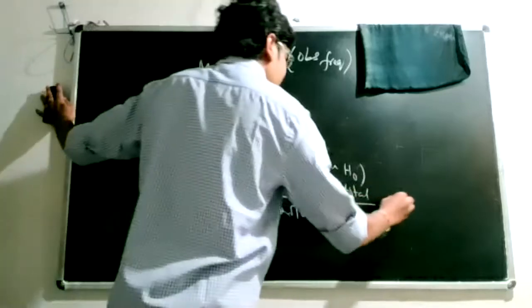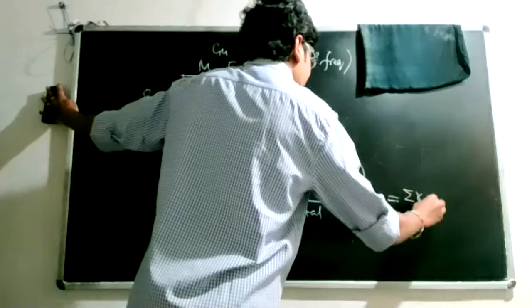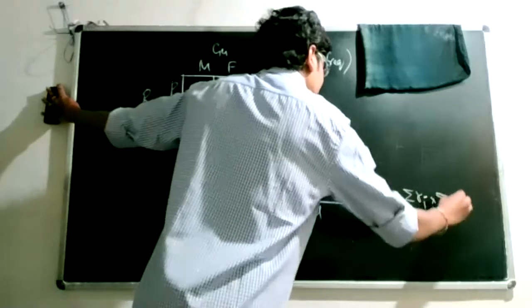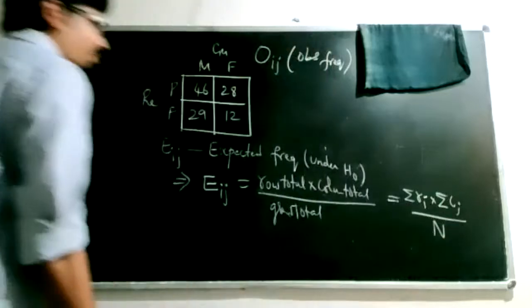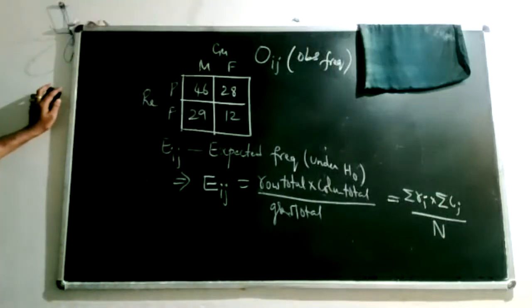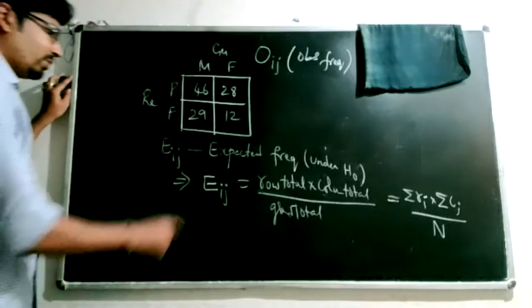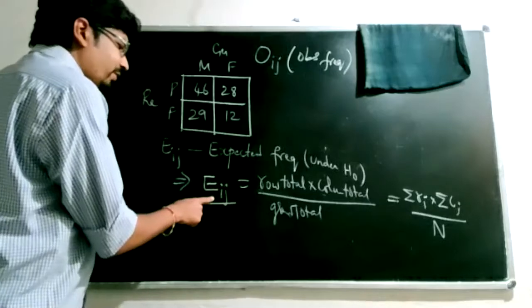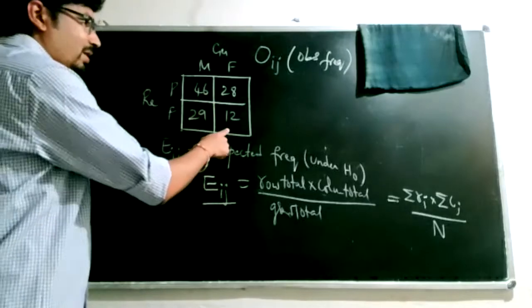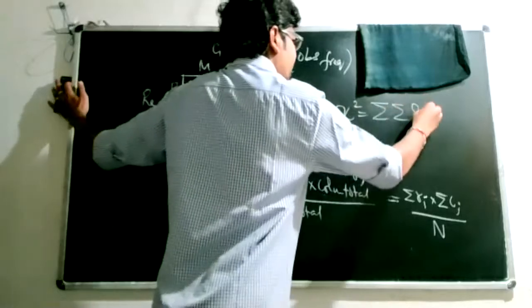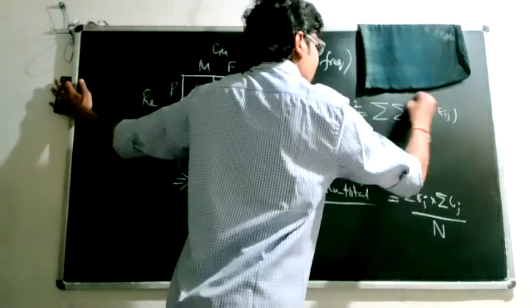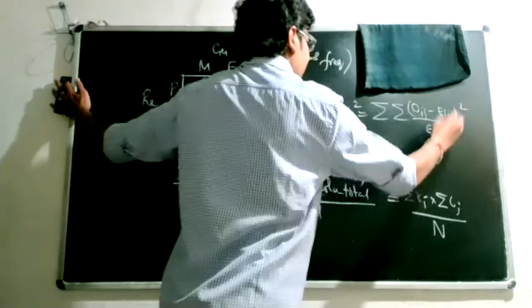Which you can simply write as sigma Ri into sigma Cj divided by capital N, where capital N indicates the total of all the values across row and column. Okay, so now you have to obtain your expected frequency for every case, and then you compute this double summation of (Oij minus Eij) whole square divided by Eij.